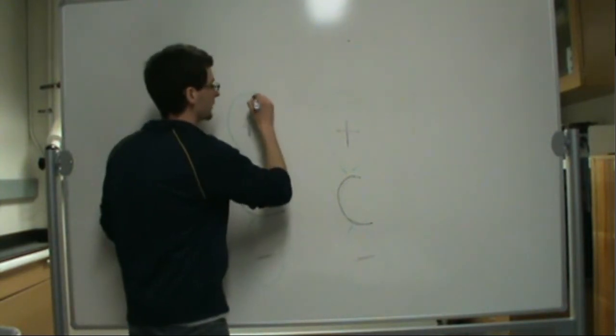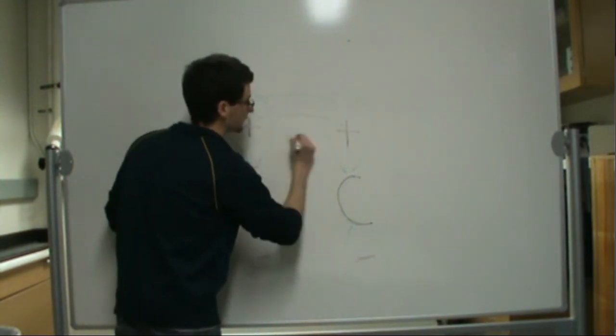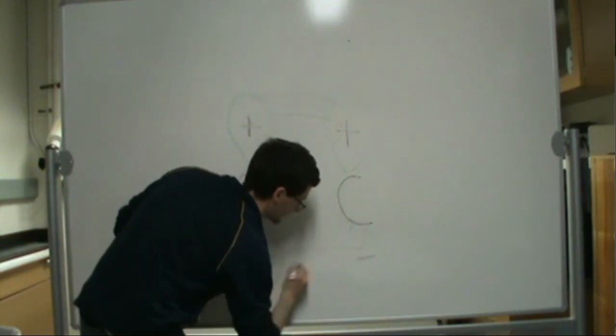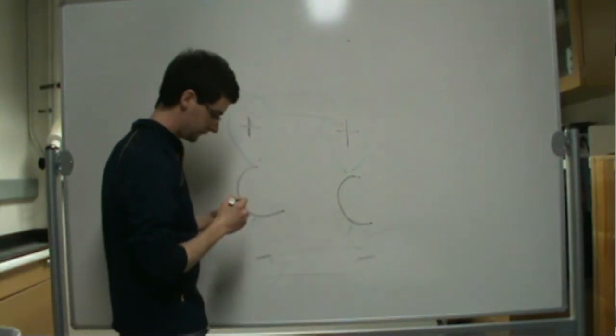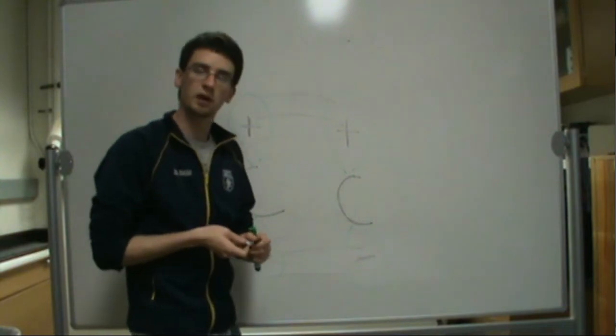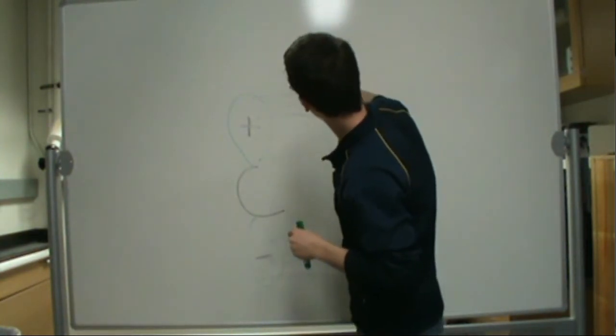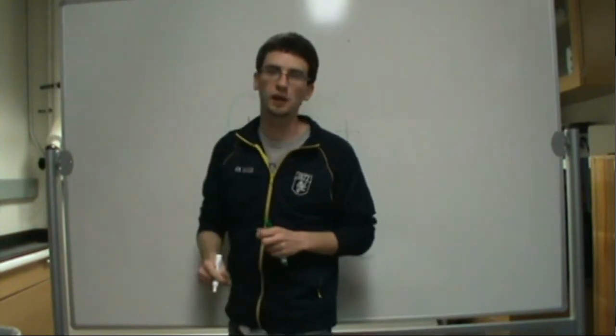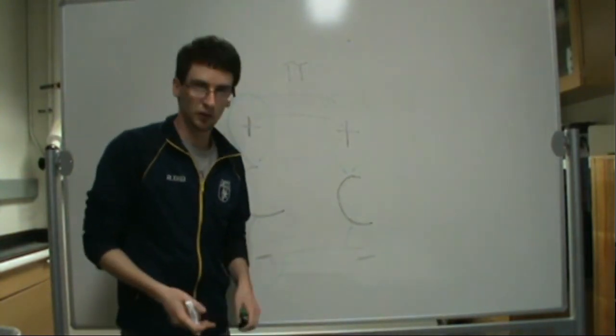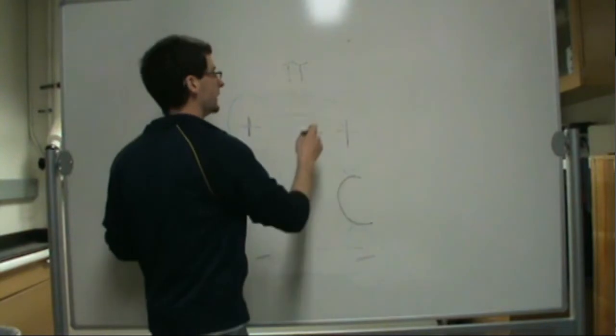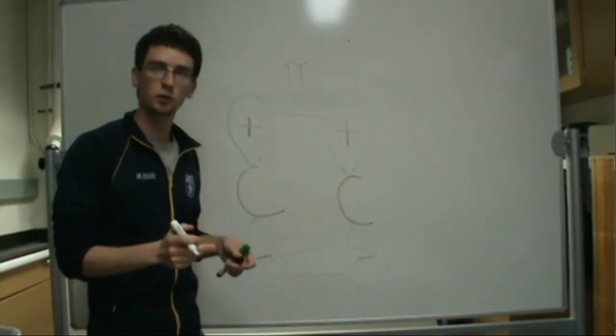So this is considered a pi bond. So there's interaction between those two, and there's interaction between those two. So in order to get to a double bond, what you must have happen is you have to have one of these pi interactions, and we also have to have a sigma interaction. In order to get to a triple bond, we need one sigma and 2 pi's.